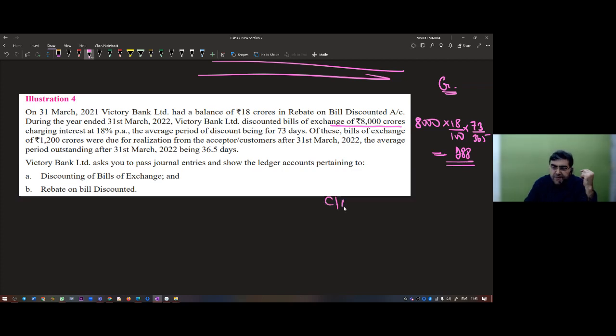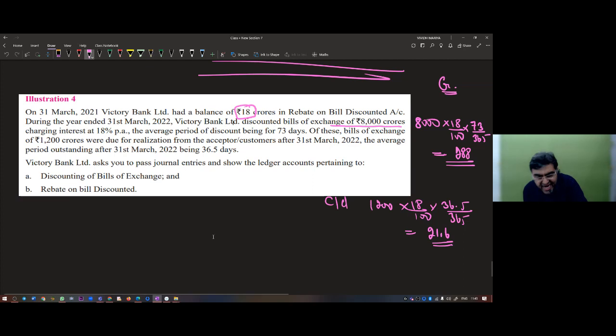And the unexpired discount is 21.6 crores. Brought down is 18 crores.